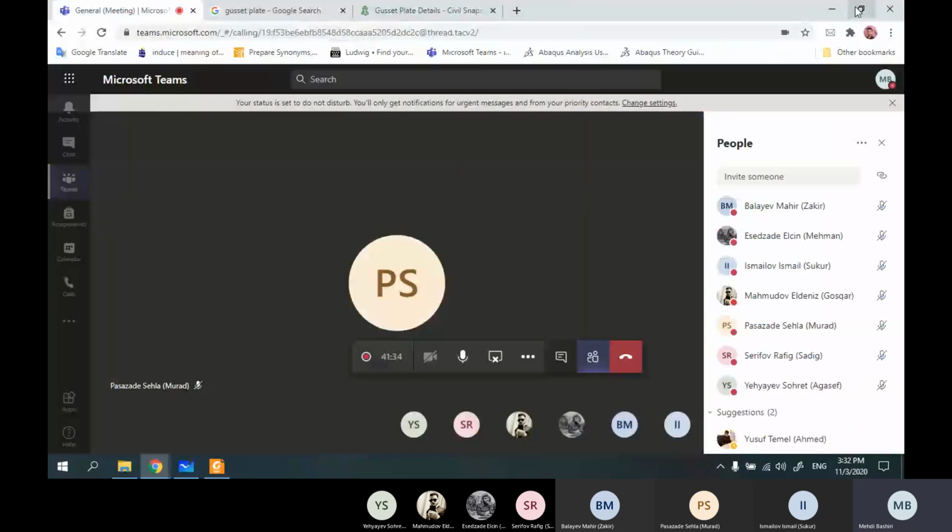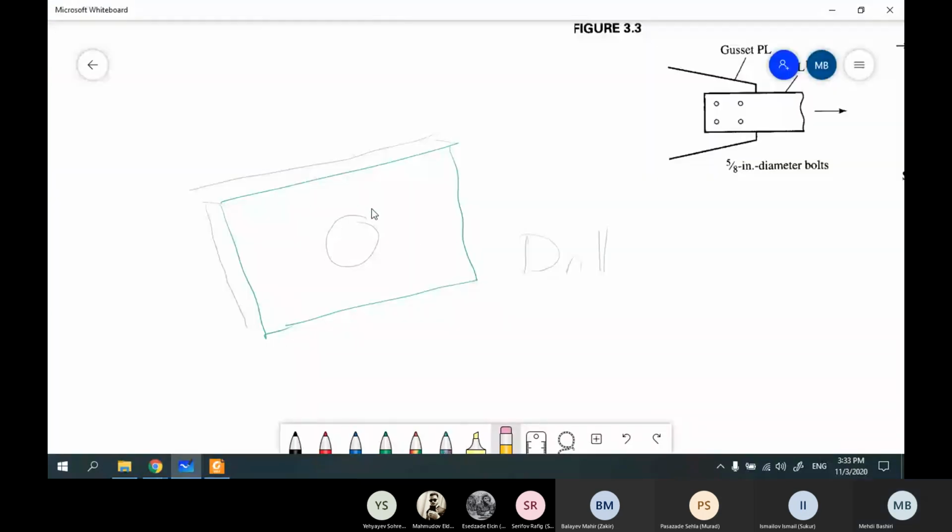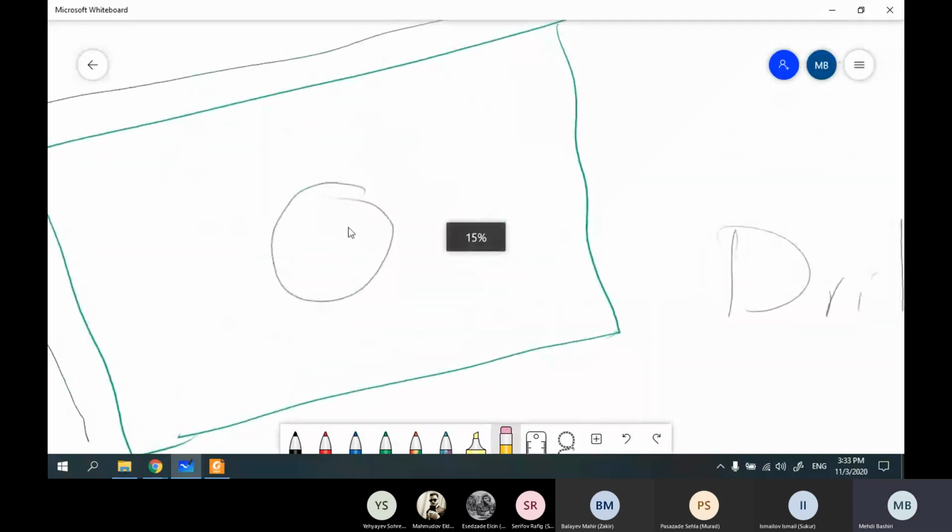When you make a hole inside a plate, what's gonna happen? You have a huge hole here, and you have micro cracks here, but you can't see these cracks with your eyes.